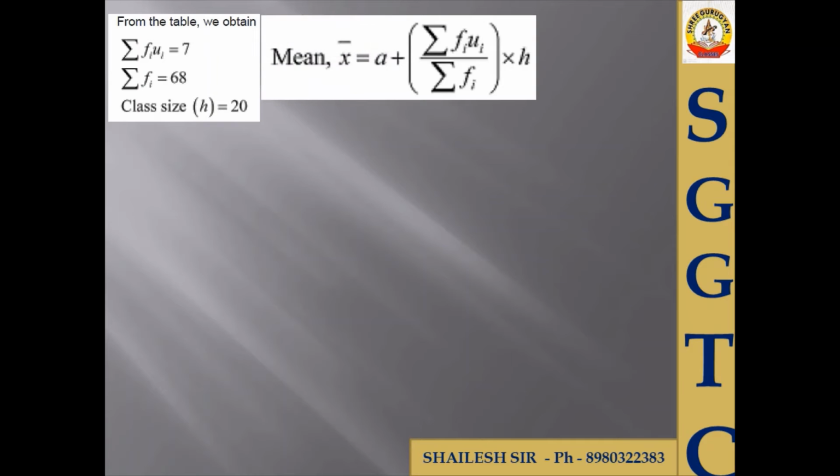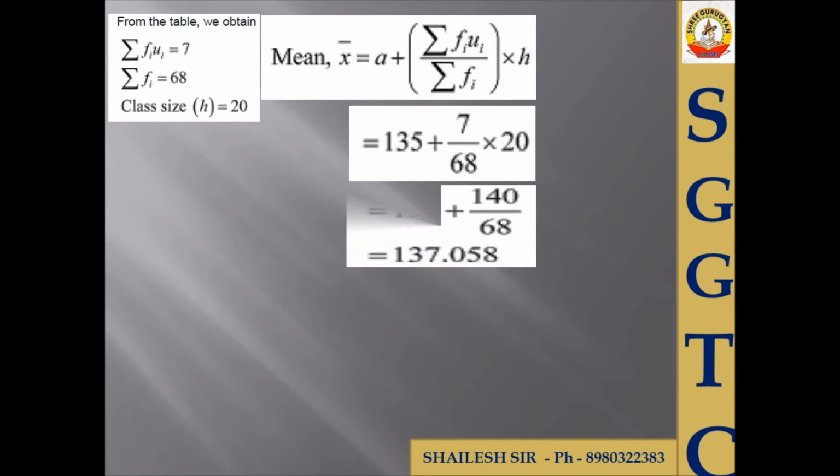My formula is mean equals a plus sigma fi ui upon sigma fi into h. Put the values in and calculate: you get 137.058. Yes students, 137.058. Our mean is over.